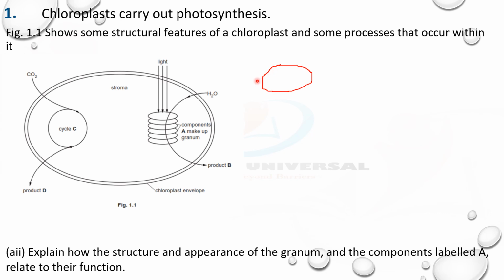I'm talking about how they relate to their function. The photosystem is a light harvesting cluster, LHC. It consists of photosynthetic pigments, which help in the absorption of different wavelengths of light.